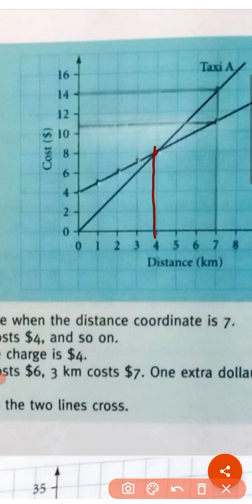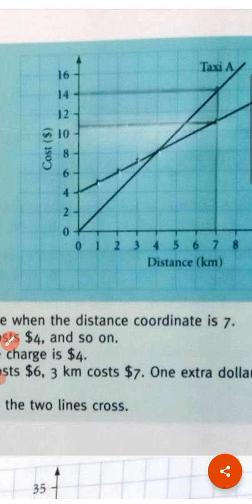This is the meeting point, that is at 4 kilometer. The two graphs are meeting here at 4 kilometer. So at 4 kilometer, the charges for taxi A and taxi B will be the same.